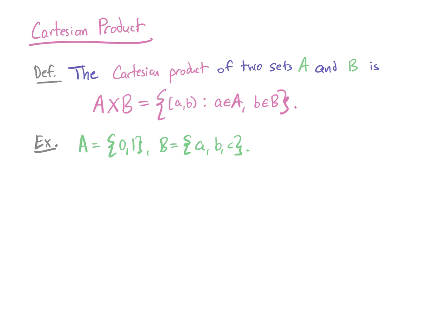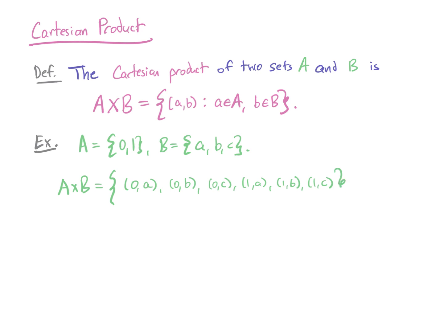So here, if we want to form the Cartesian product, A times B, A Cartesian product B, the Cartesian product is going to hold a bunch of pairs of elements where the first entry of the pair comes from A and the second entry comes from B. So for the first element, for example, I'll choose a 0 from A and a little a from B. I can choose a 0 from A and a little b from B. I can choose a 0 from A and a little c from B. And then I can do all the same, except where I choose 1 instead of 0: 1 and a, 1 and b, and then 1 and c.